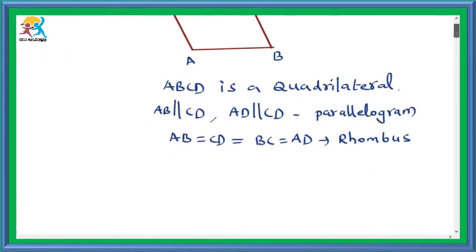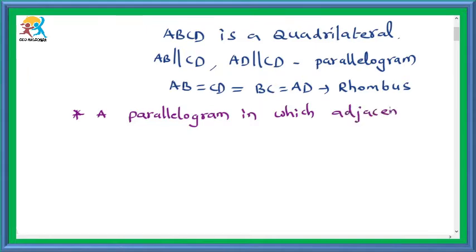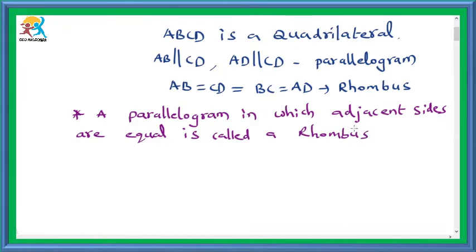So the definition of a rhombus is: a parallelogram in which adjacent sides are equal is called a rhombus.